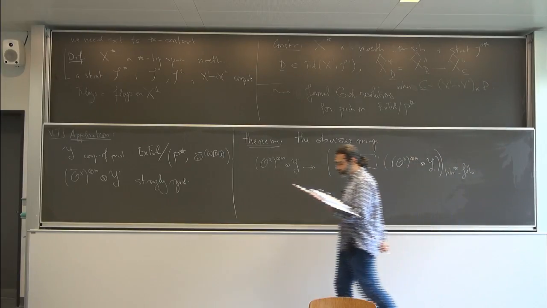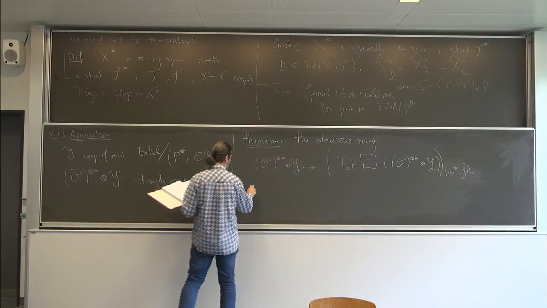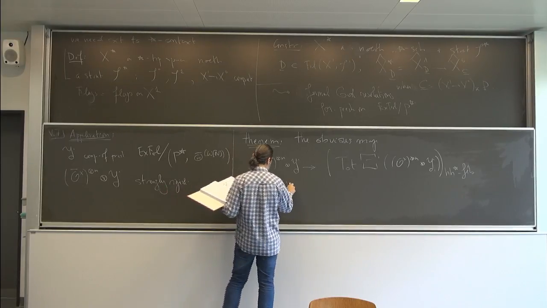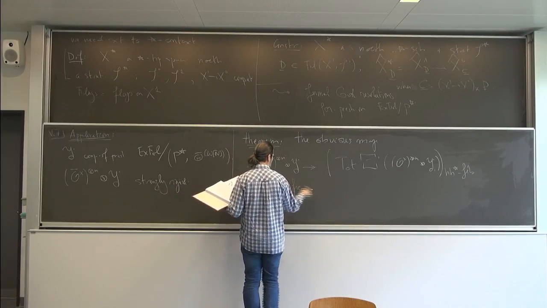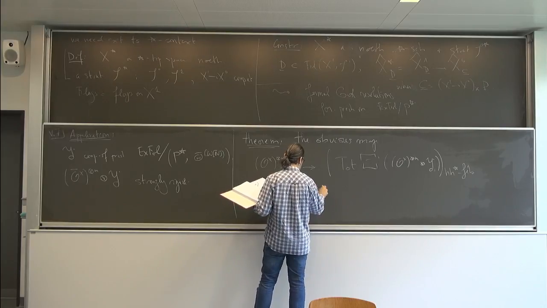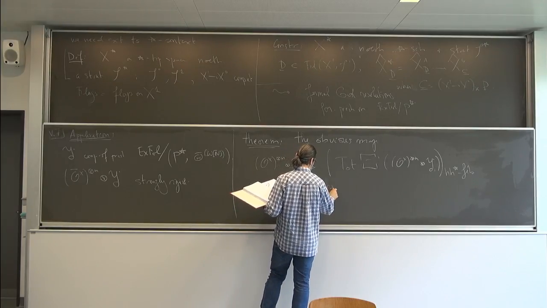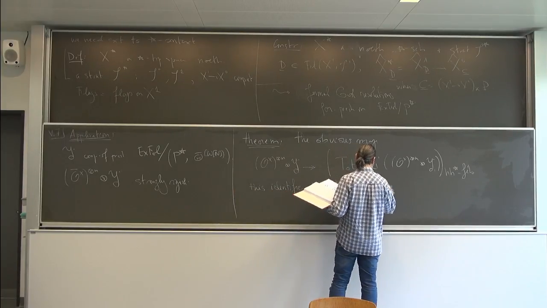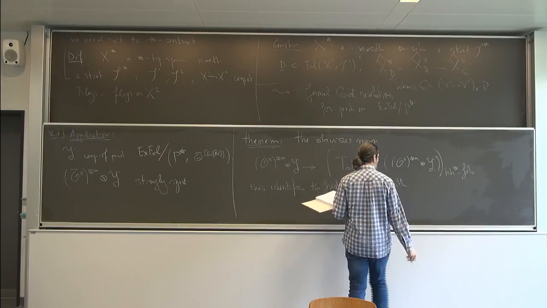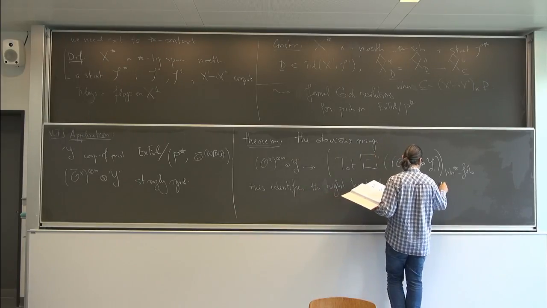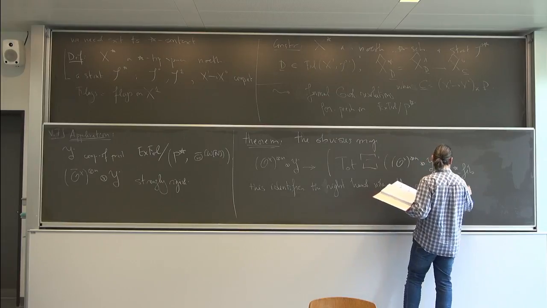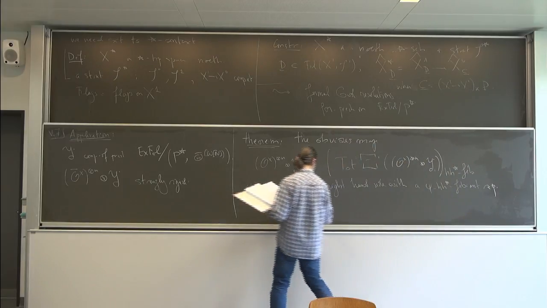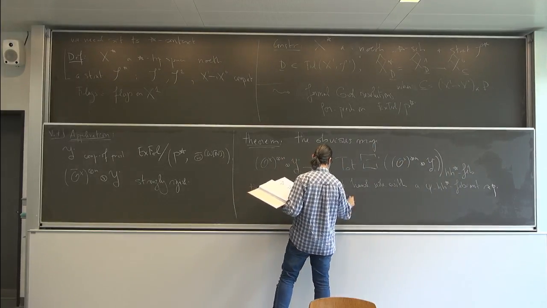So you have this obvious map, and the claim is that this identifies the left-hand side with a psi HH star fibrant replacement of the left-hand side.